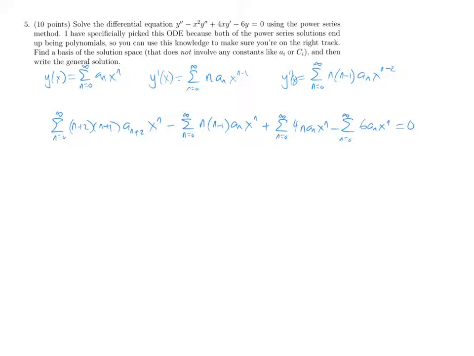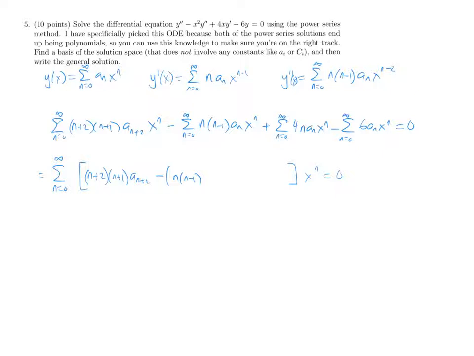Okay, so what we have is the sum from n equals 0 to infinity of a whole bunch of stuff times x to the n equals 0. So we have n plus 2, n plus 1, a n plus 2. And then we have minus n times n minus 1. So we're going to have minus a whole bunch of things with an a to the n.